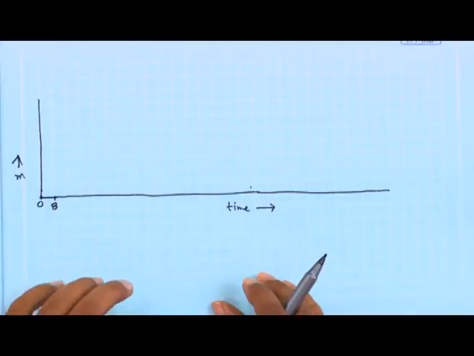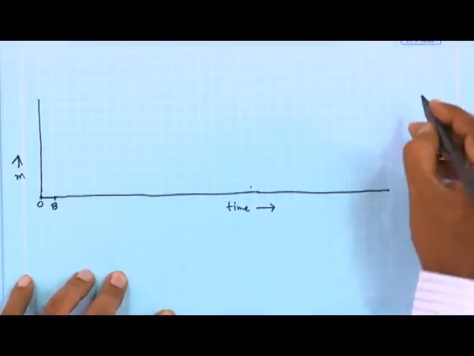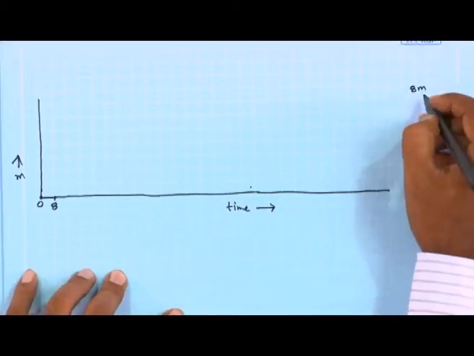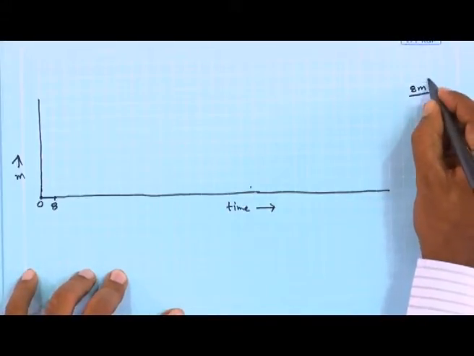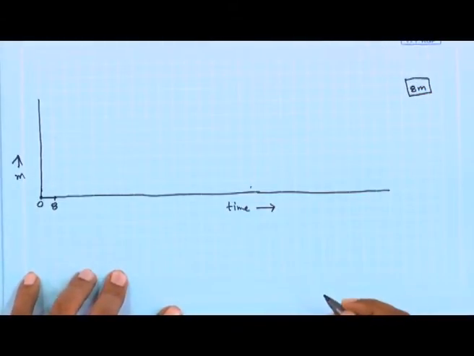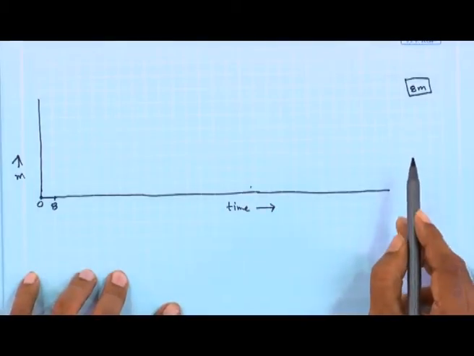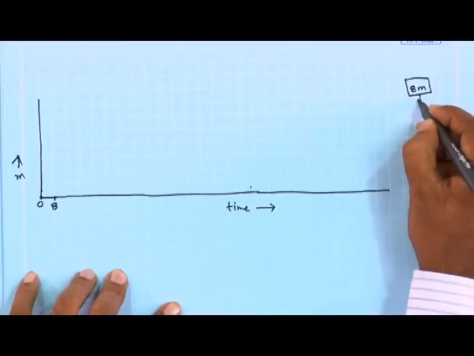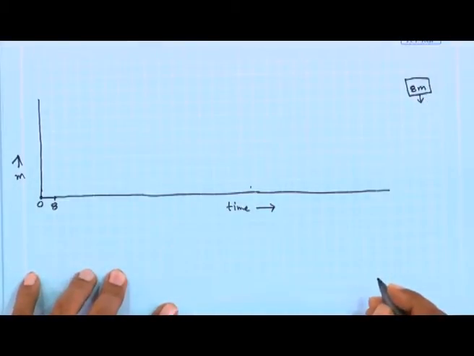Then we go for penetrating for 8 meter, and for using that 8 meter drill rod. So, for penetrating 8 meter, the penetration rate is around 27 meter per hour.